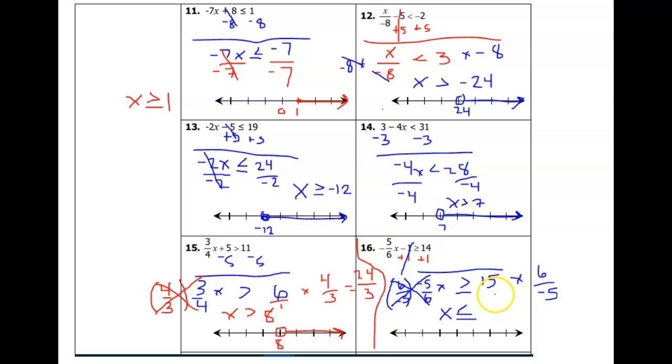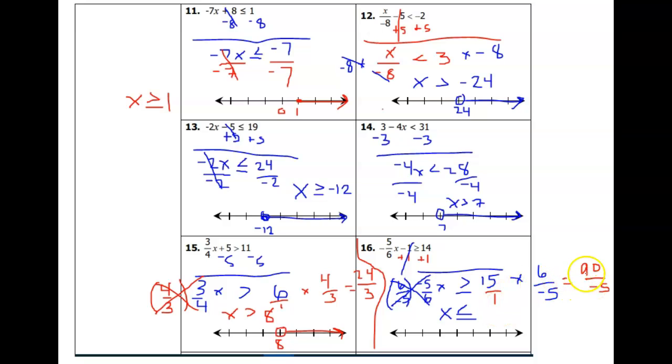And I go down here. I put my 15 over a 1, and I'm going to multiply, guys. Miss Bennett will get her calculator. So 15 times 6 is 90, over 1 times negative 5, that's negative 5. And then if I take 90 divided by 5, I get 18.